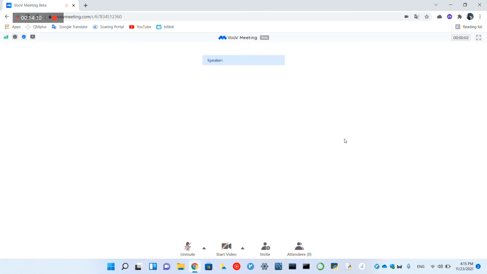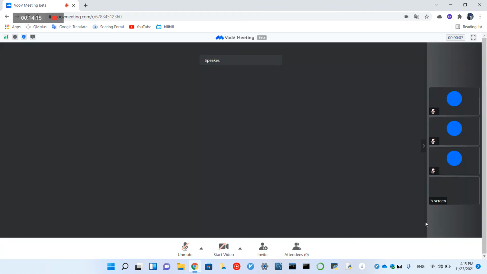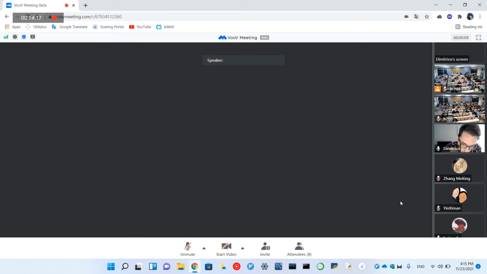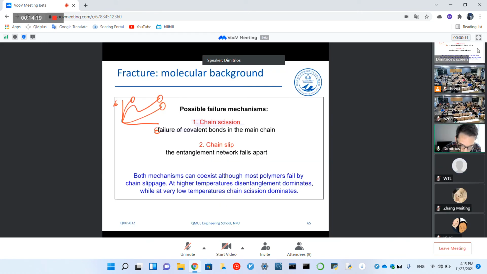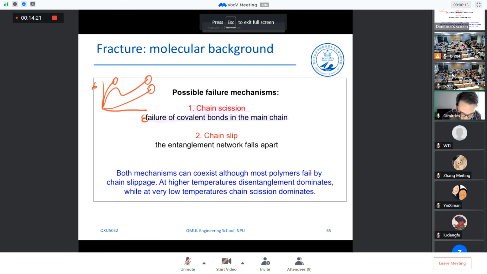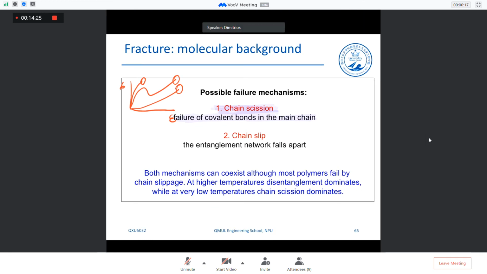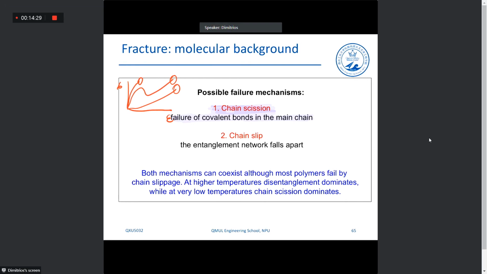There is a chain scission where the covalent bonds in the main chain fracture, fail, and I repeat, I told you that in one of the previous classes, we talked mainly about the covalent bonds because the covalent bonds are the most strong ones, okay? First, we have a failure of the weaker bonds, such as the van der Waals forces, the London forces, intermolecular forces, and so on.